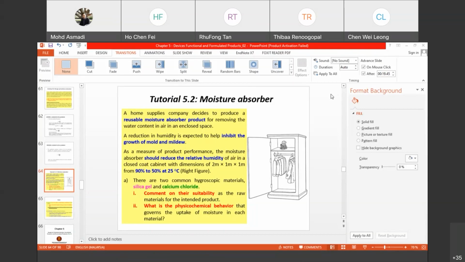Low absorption capacity. No strong smell.